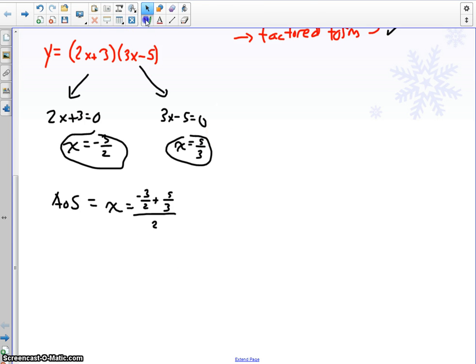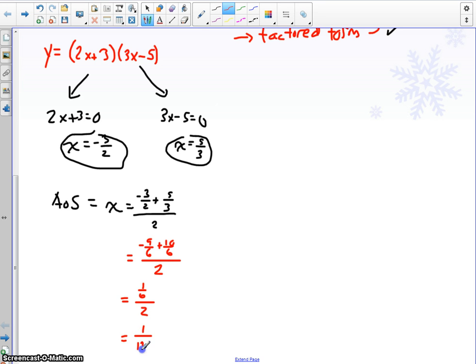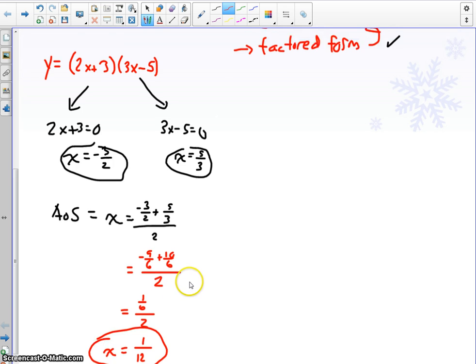It'll be negative 9 over 6 plus 10 over 6 if I find a common denominator, all divided by 2. So I get 1 sixth divided by 2, which is 1 twelfth. It's not a very nice looking axis of symmetry. It's a fraction, 1 twelfth. But that's okay. We can work with fractions.